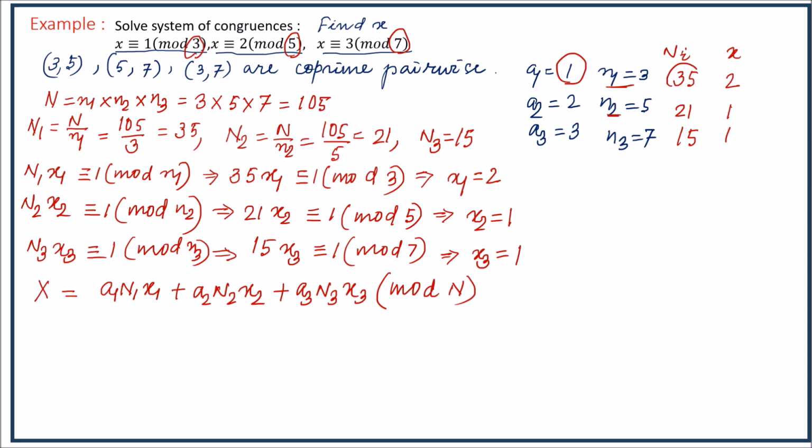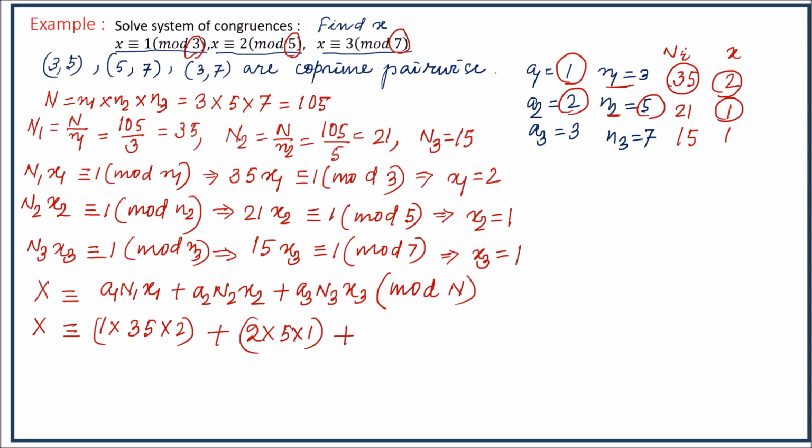X is congruent to, not equal to, congruent to 1 into 35 into 2 plus A2 into N2 into X2, 2 into 21 into 1 plus A3, N3, X3, 3 into 15 into 1.